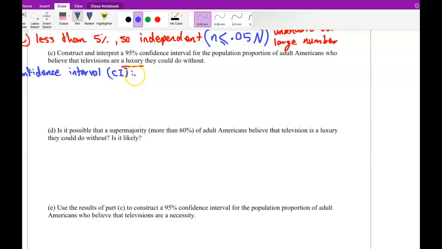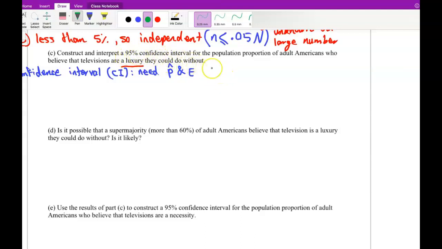So for this part, we need to find P hat and E. Okay, so this is a 95% confidence interval.